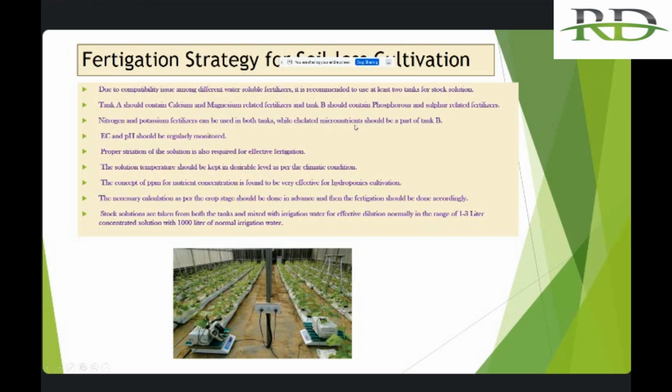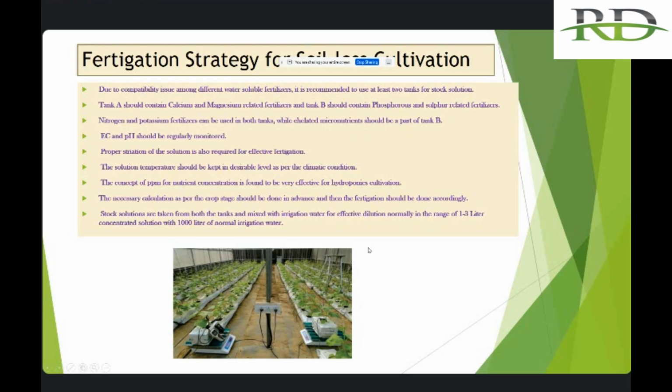Okay, while chelated micronutrients, can you give me some examples of chelated micronutrients? So it is iron. Okay, so we should keep the iron in tank B. And the EC and the pH should be monitored regularly, as I said. Here you can see how they have taken the EC and pH of the fertigation system.